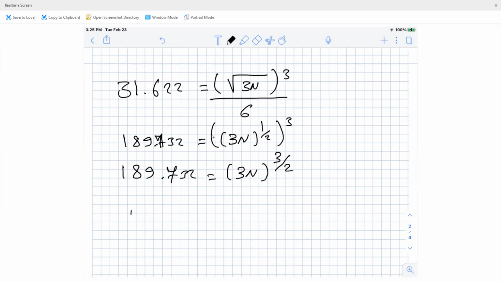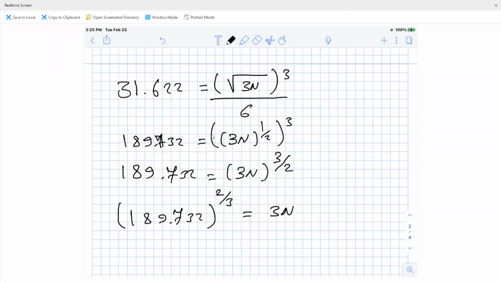Okay, so it will be 189.732 raised to 2 over 3 equals 3n. Now I'm going to calculate this factor, 189.732 raised to 2 divided by 3.